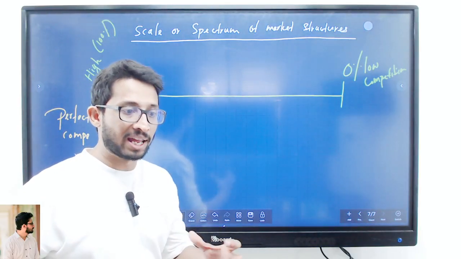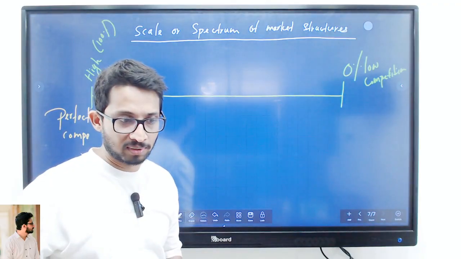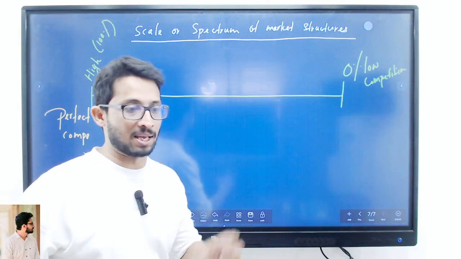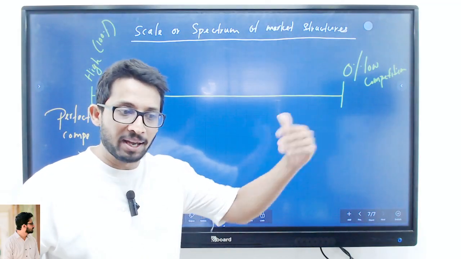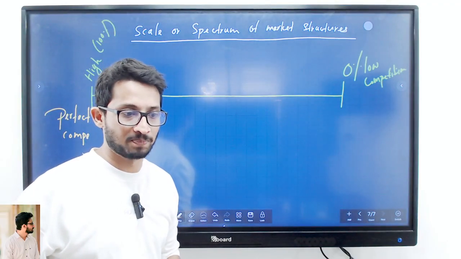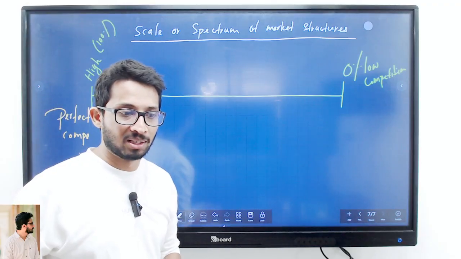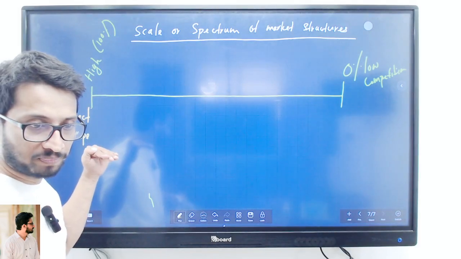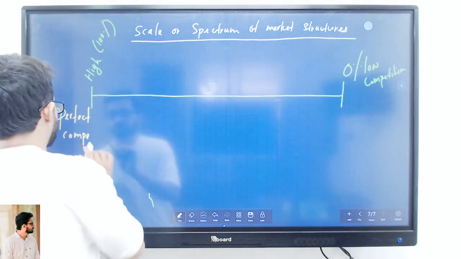No one can exploit consumers, and they can't even decide their own market price. They have to accept the prevailing market price, which is determined by demand and supply forces. How nice it is. From consumers' point of view, this is the best market structure, perfect competition.